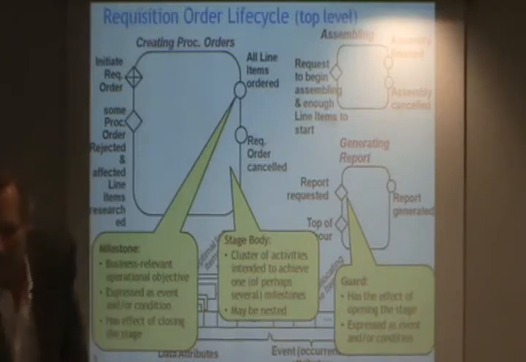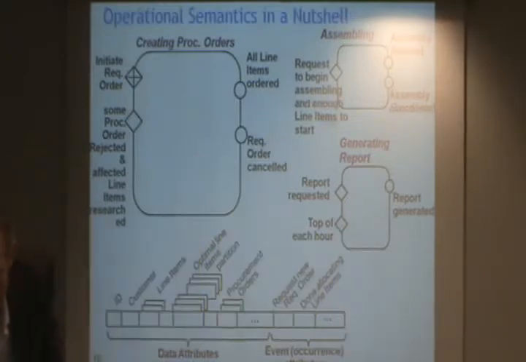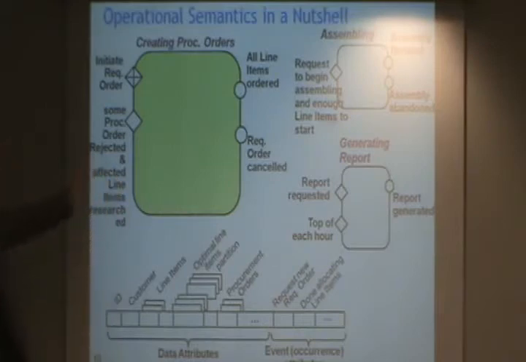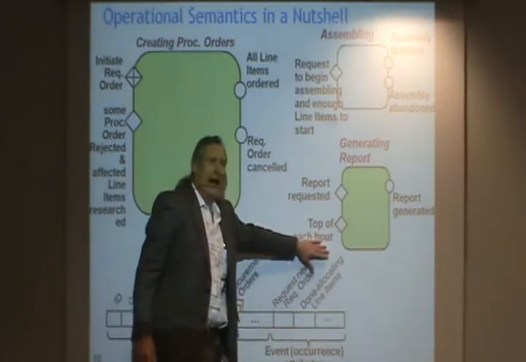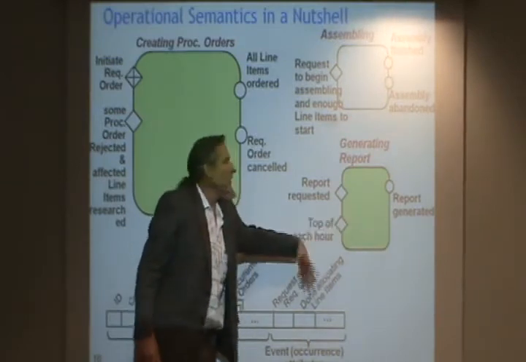Okay. So how does this thing work? Okay. What happens is, maybe I got started and I'm in the middle of creating my procurement orders, okay, and then maybe what happens is I have to generate a report. Maybe it's another hour has started, and so I have to generate a report. Fine.